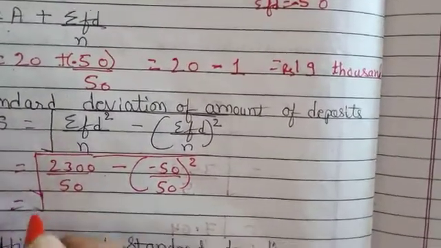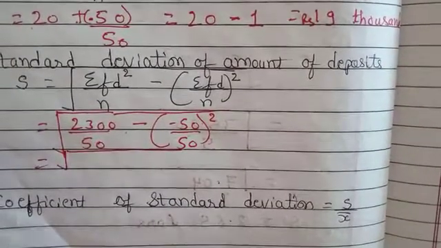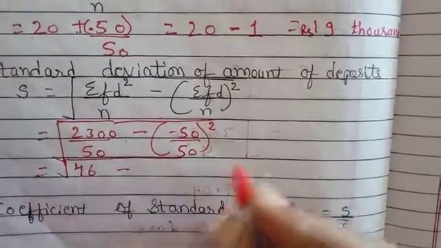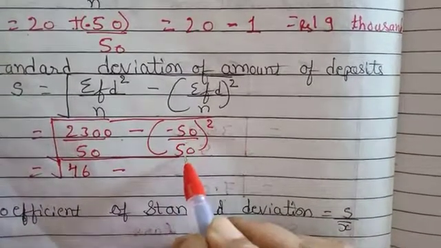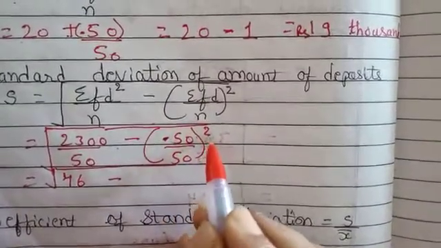Now when we solve this, 2300 divided by 50 will give you 46 minus, now 50 divided by 50 is 1 and here it is a minus sign. So minus 1 square is again 1.